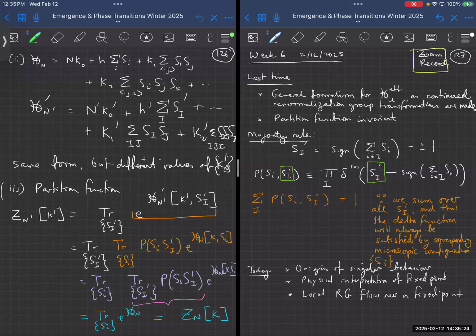So I write out a general form for the Hamiltonian. You might just start off with the nearest neighbor Ising model with only one term. But what we saw was that in general, as you do coarse graining, you will generate new terms. You will undergo a trajectory in Hamiltonian space.